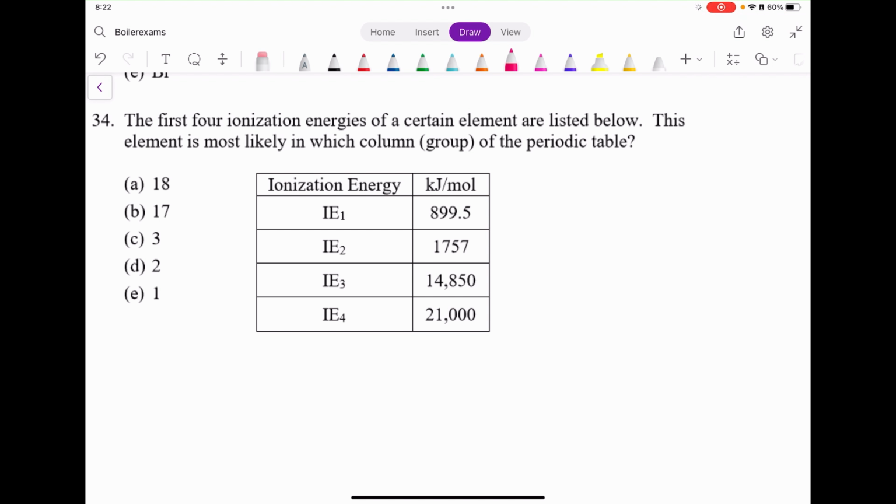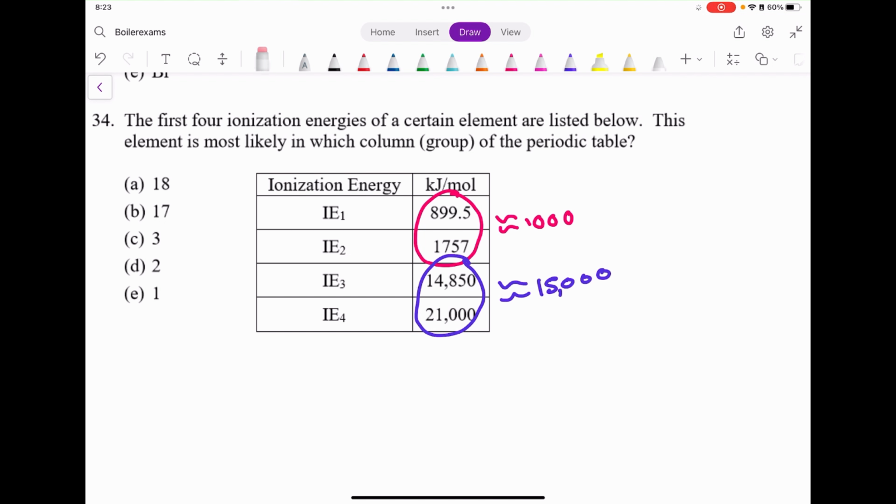So when I'm looking at these, two are roughly in the 1,000 range, and then these two look way different. They're in the 15,000 range. There's a massive jump. Although 900 is not exactly the same as 1800-ish, they are similar when you compare this massive jump.